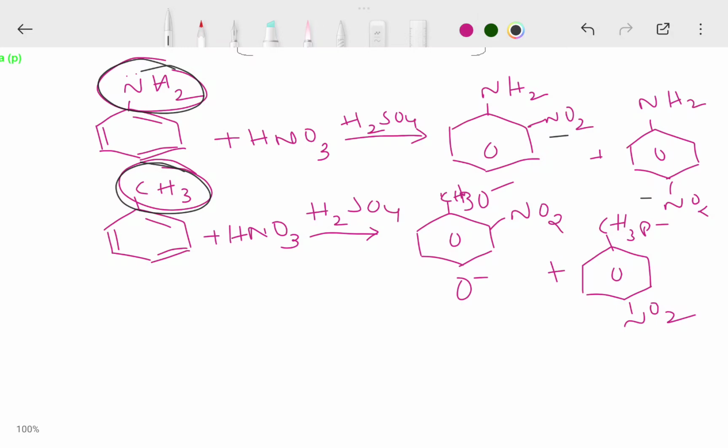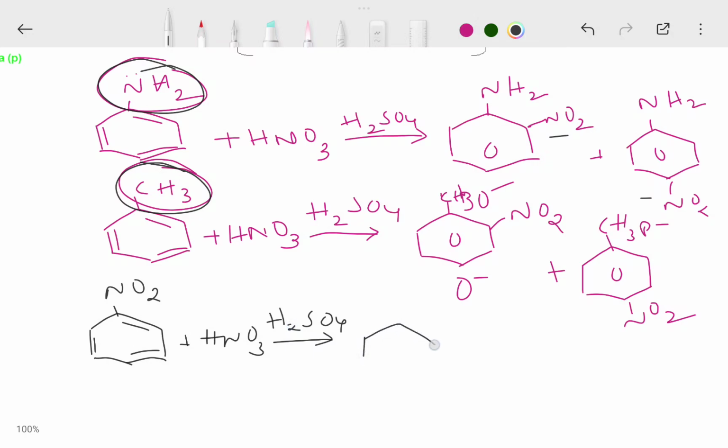For example, take the NO2 group. Here nitrobenzene reacts again with concentrated HNO3 and concentrated H2SO4.